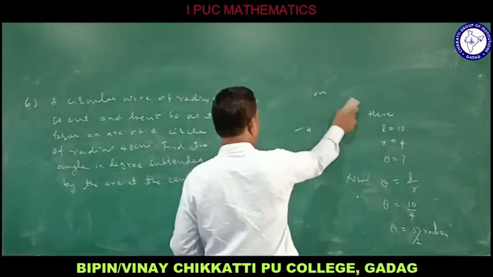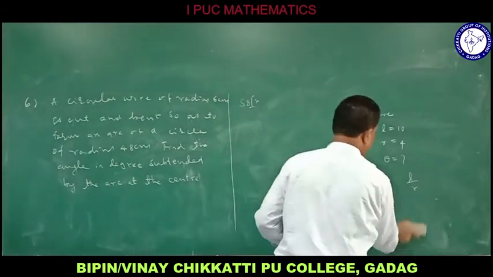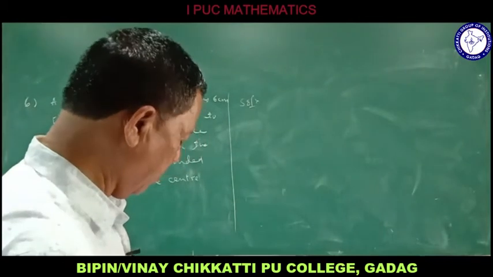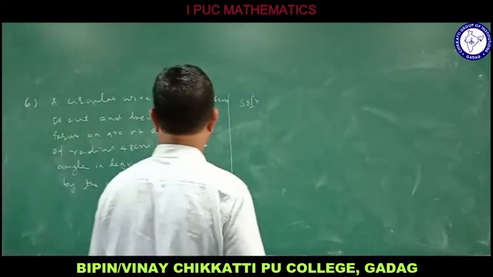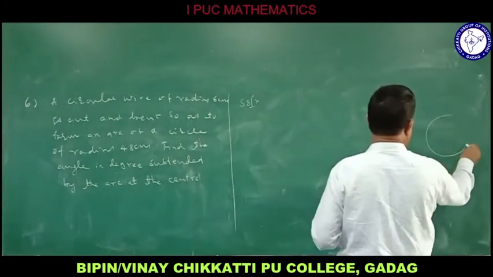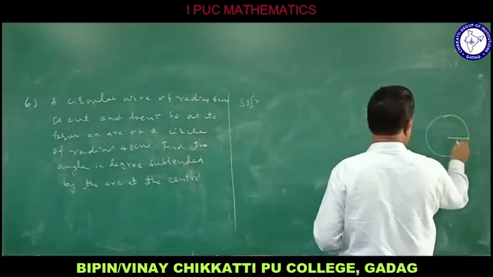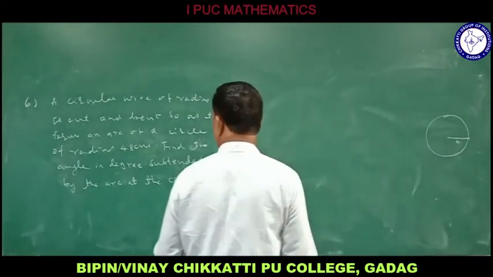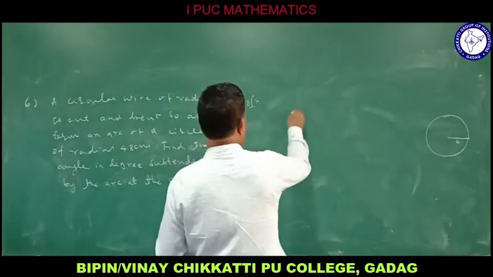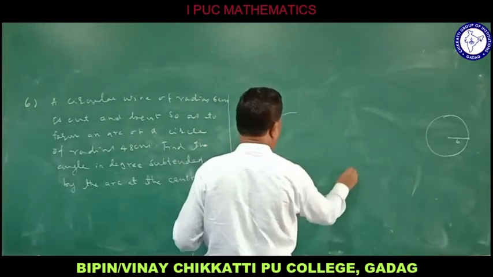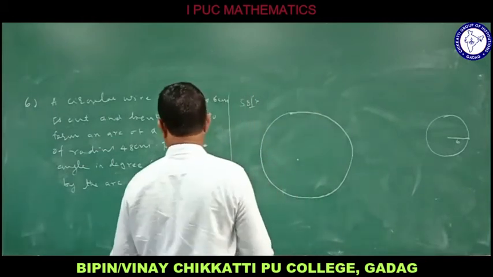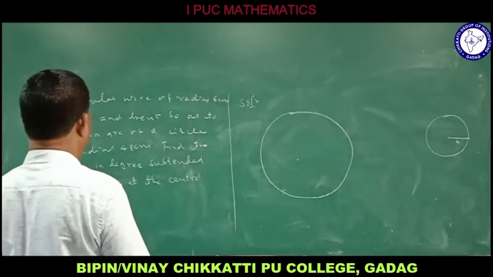The question is, what is the information? See this first. A circular wire of radius 6 centimeter is cut and bent so as to form an arc of a circle.